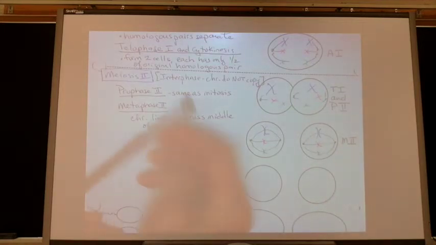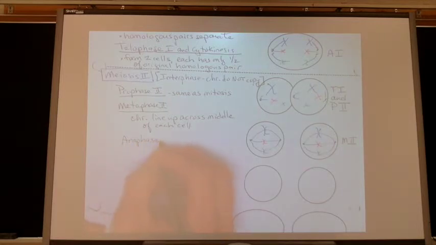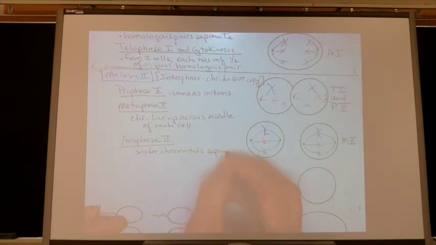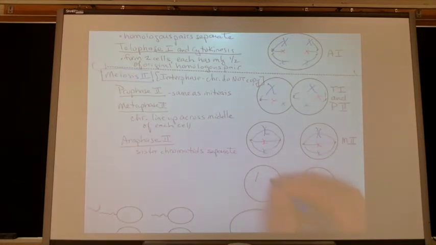Okay. So the next stage, anaphase 2. Something has to separate. That's what anaphase does. So in anaphase 2, the sister chromatids will separate. The sister chromatids now separate. So one half of the blue goes this way, one goes that way. Same over here.